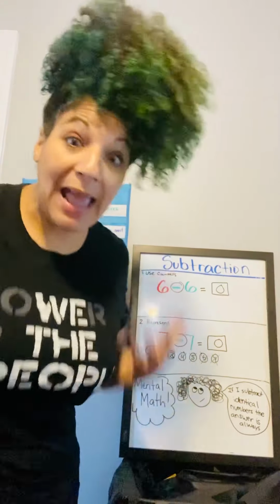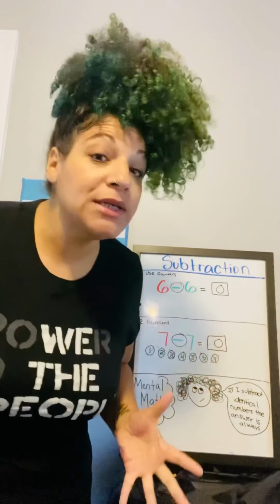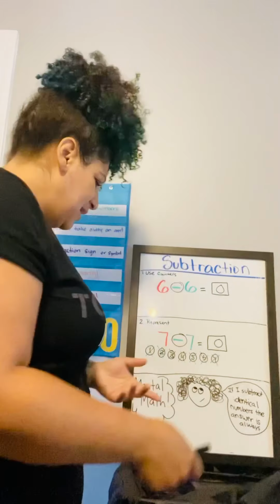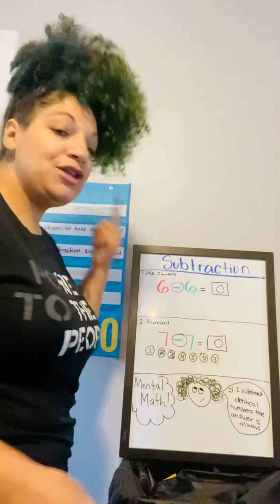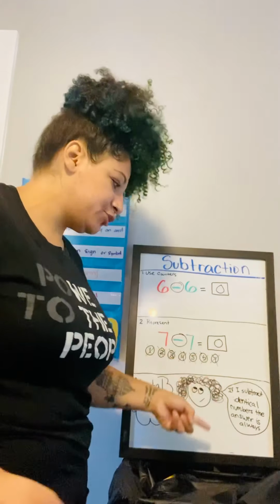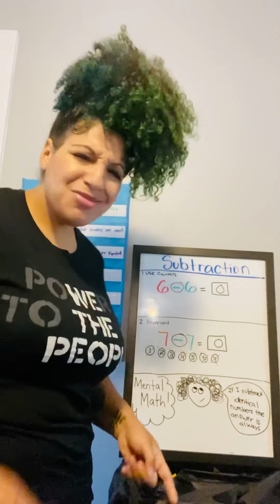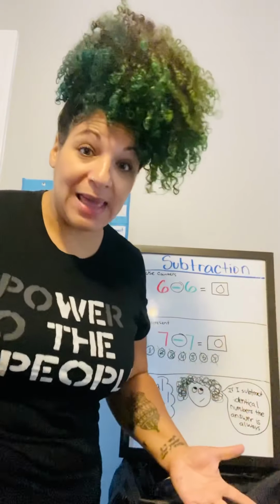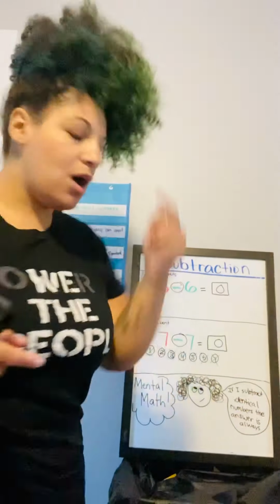That means my answer is always going to be 0. Right. So I know now that if I subtract identical numbers, there's no need to wonder. The answer is always 0.